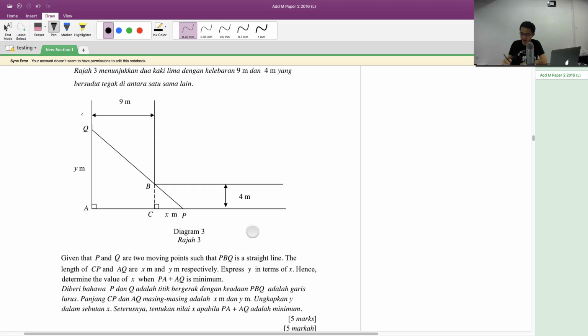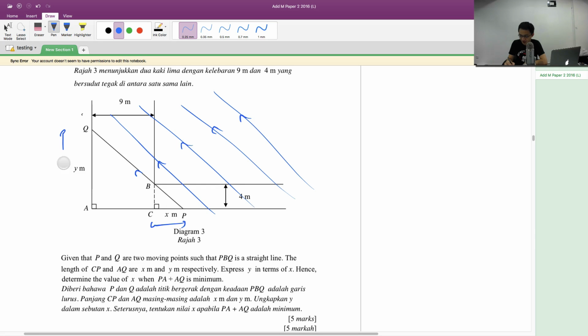So that means this straight line itself will actually keep moving, but they must be in a straight line pattern. So something to do with parallel. The length of CP is X, and the length of AQ is Y respectively. Express Y in terms of X.